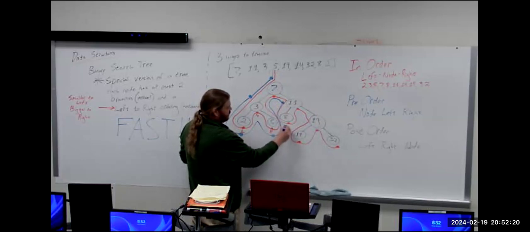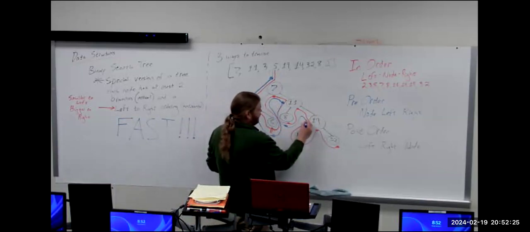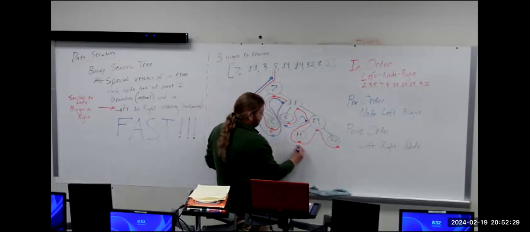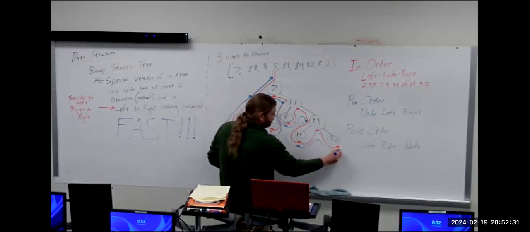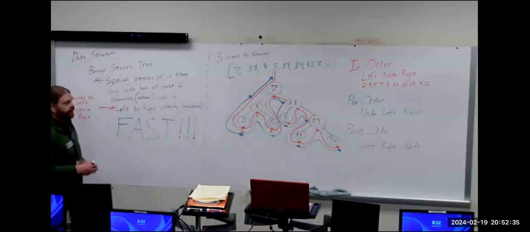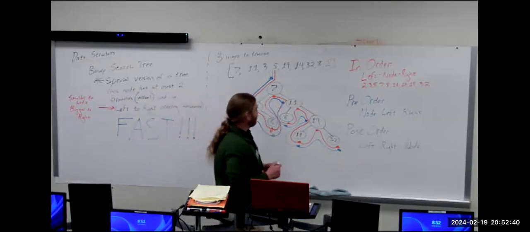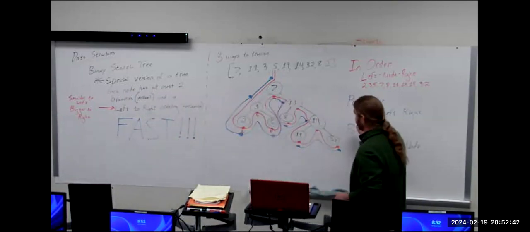Only thing we're left to do is go to the right. So we go right, we hit this node, left, right. Then we have all our elements again, in a different order than we got the first time. Which I think I got that set up so that we can hopefully see the order a little bit.